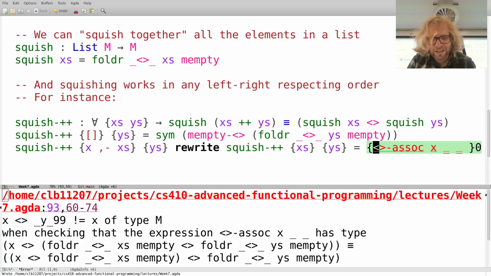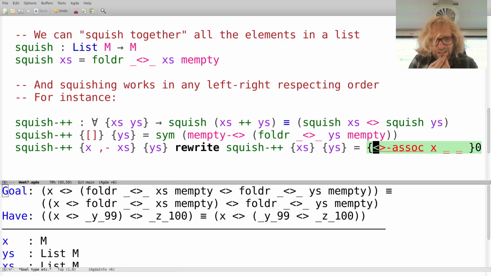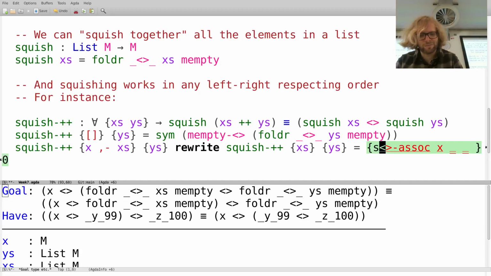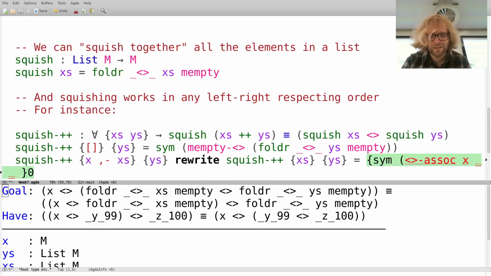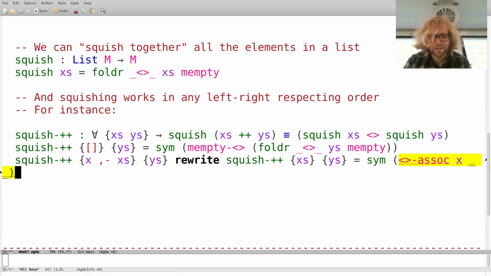Give that. And then I see that again I want this equality to be flipped, right? So here I have x on its own, and that's what I have here on the left. So I'll do a sym on this. And I got away with the underscores, so I was able to fill in what these things were supposed to be.